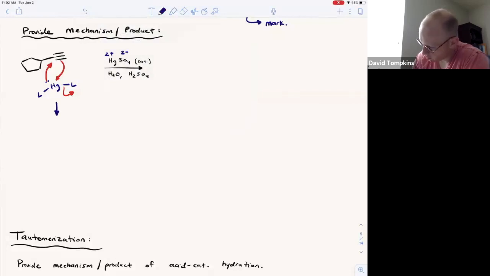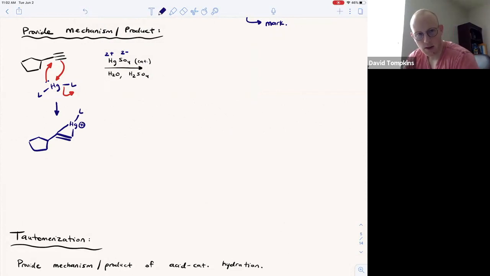So this gives us a bridge intermediate, where we now have a carbon-carbon double bond and a three-membered ring or a mercurinium ion that is positively charged at mercury. So mercury only accepted one pair of electrons, but it donated 2, therefore it's going to be positive or electron deficient.